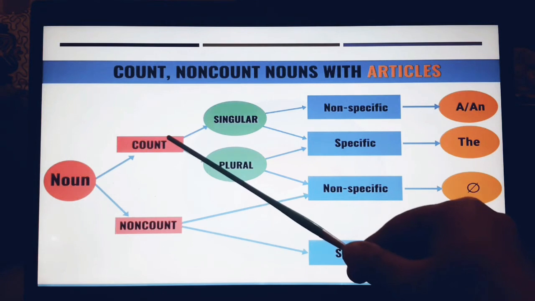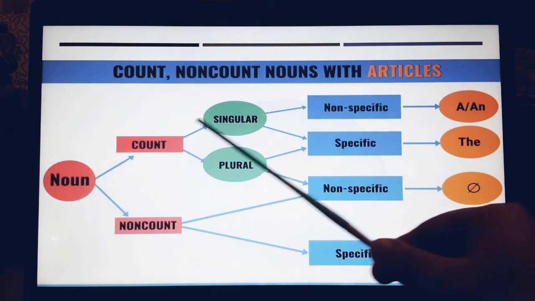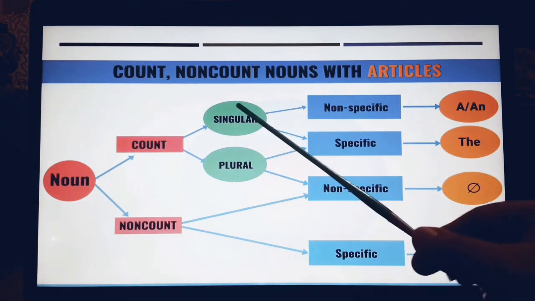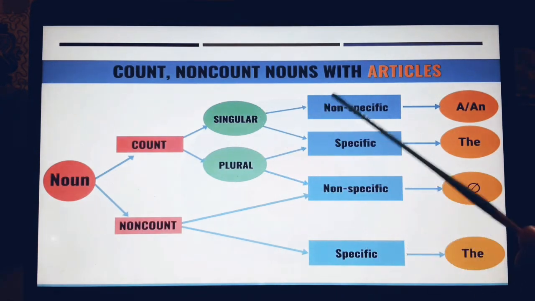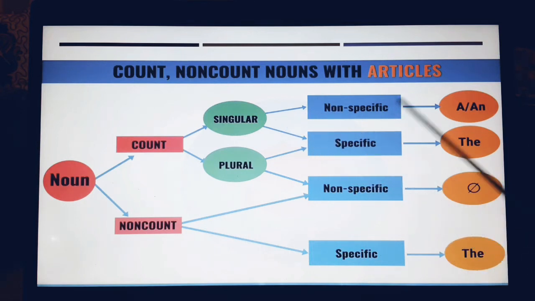Nouns are of two kinds, countable and non-countable. And countable nouns are of two types, singular and plural. Singular nouns, if they are non-specific, we use a or an before them. If the singular noun are specific, we use the.